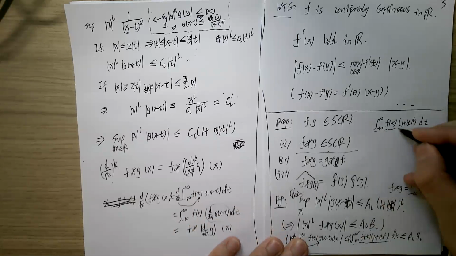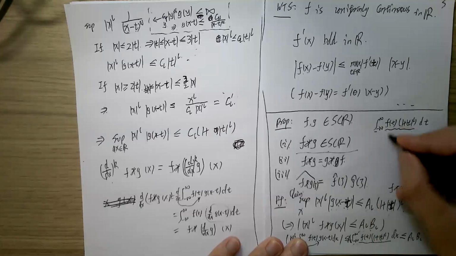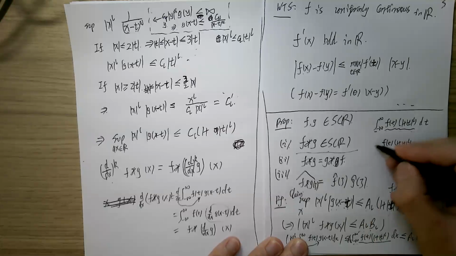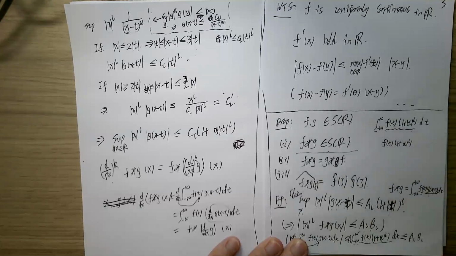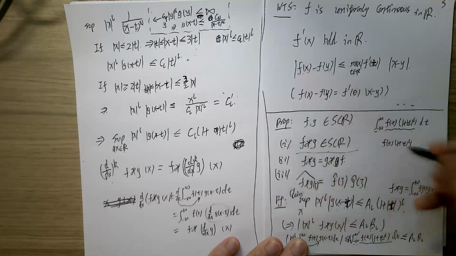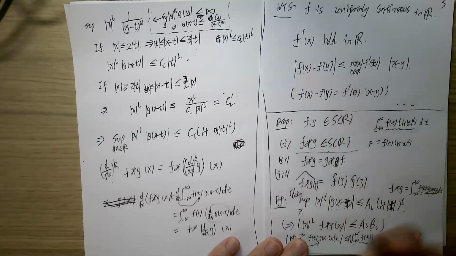Yes. Now, since f is in Schwarz space, ft times 1 plus t to the power L, you can multiply by some other, say, t to some power, and it's still bounded, right? You can think of it that way. If you call it f, then this f is actually in Schwarz space. So if you take the integral from minus infinity to infinity, it's still bounded, it's still integrable.